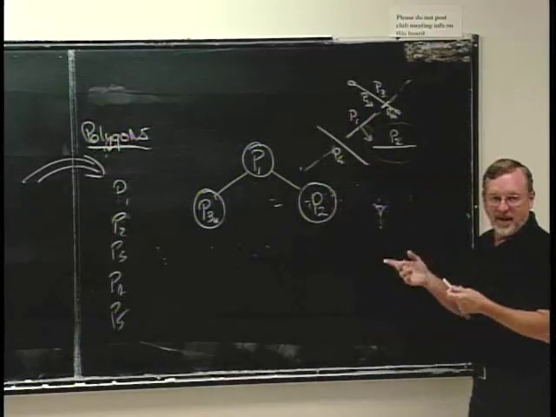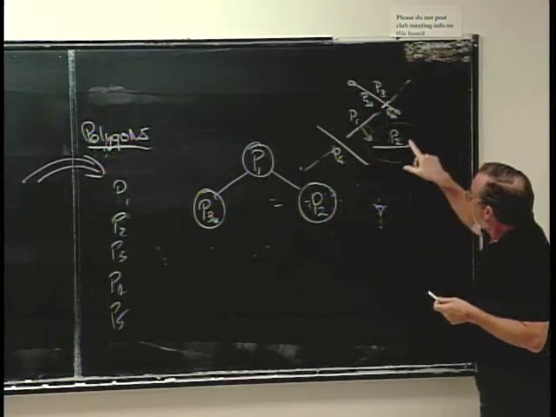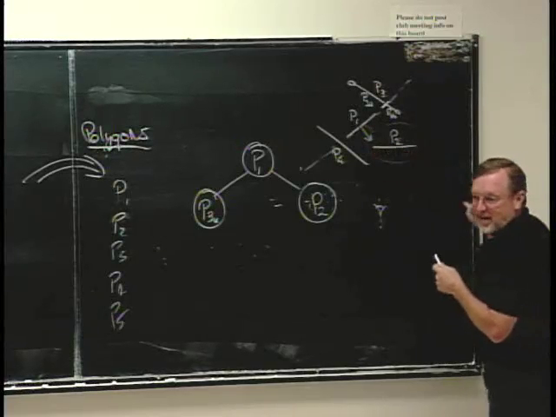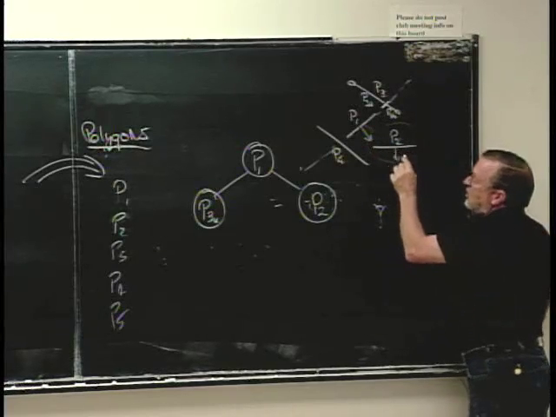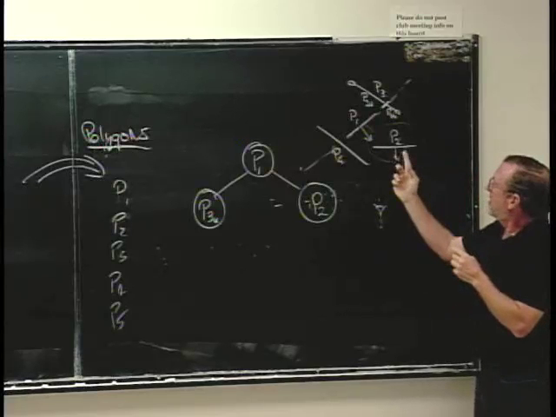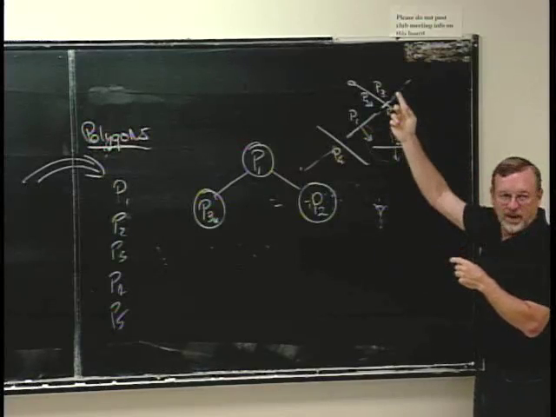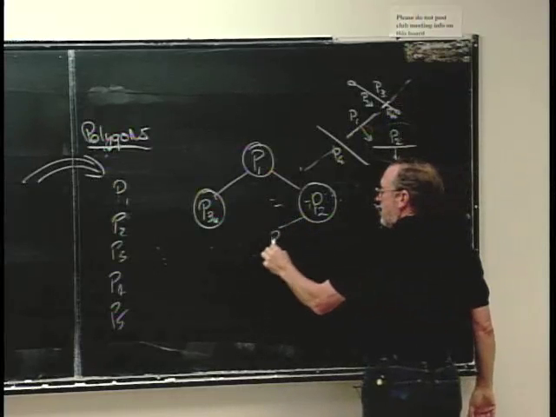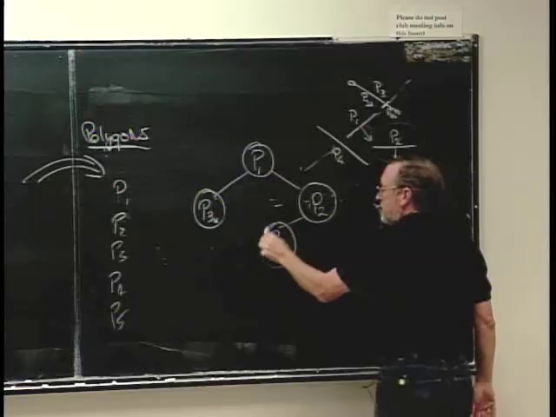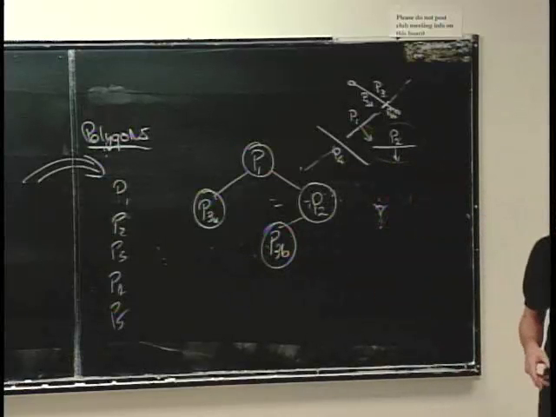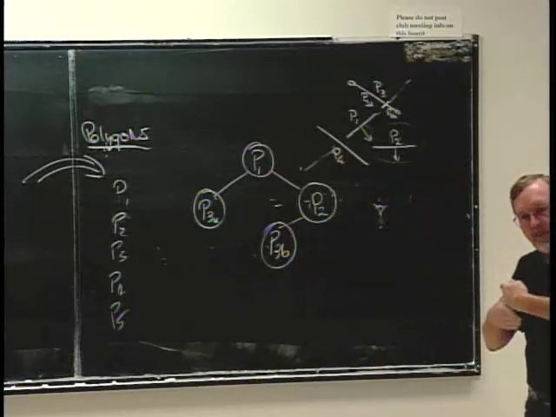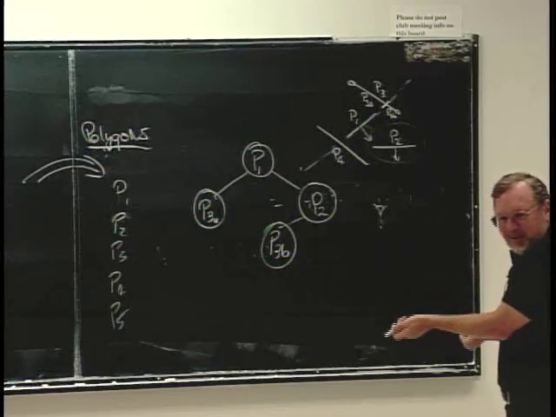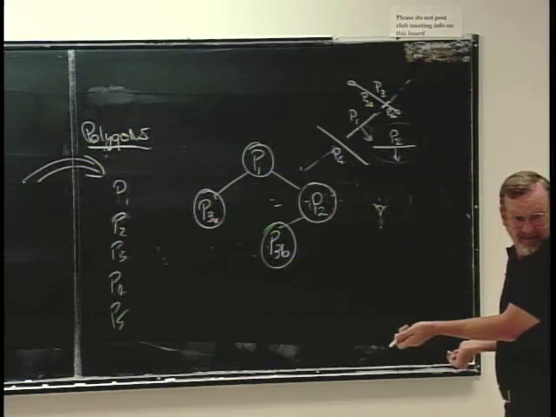That's behind. P3B is in front, but now I've got to test P3B against P2. If I take the normal vector to P2 like this and test P3B, it's always behind P2. So this one goes over here. See what's happening? As I go down, I split these things into two pieces, and one piece goes down the left side of the tree and the other piece goes down the right side.